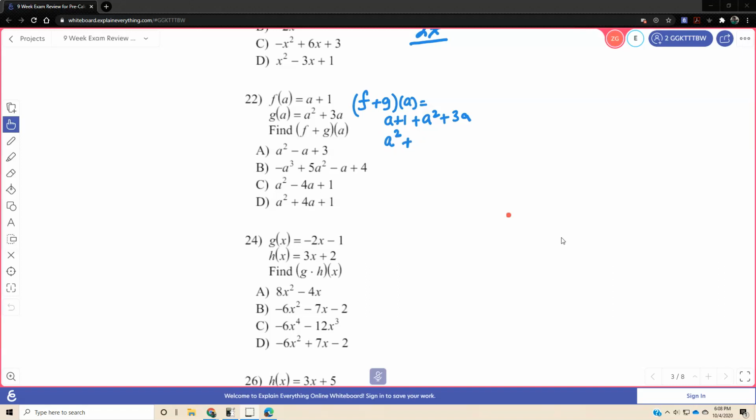Remember the highest exponent. A plus 3A is 4A. So f plus g of A gives you A squared plus 4A. Actually, it's A squared plus 3A plus 1.